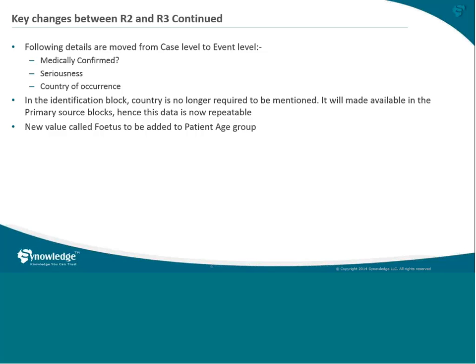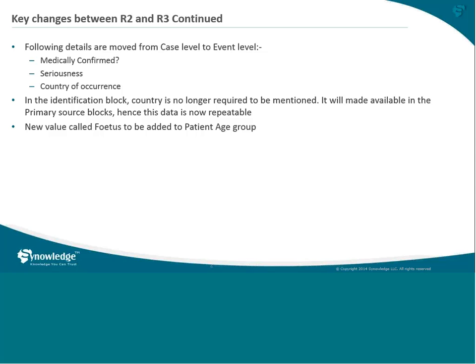The case used to be reported as a serious case. In R3, the case in its entirety will not be regarded as a serious case, but the seriousness information of all the adverse events has to be tabulated one after the other. So from now on, the R3 file for this particular context will have all the 5 reactions, indicating which reaction is serious and which reactions are non-serious.